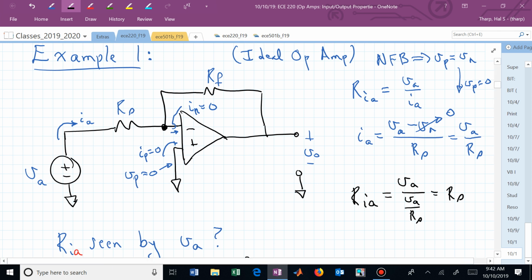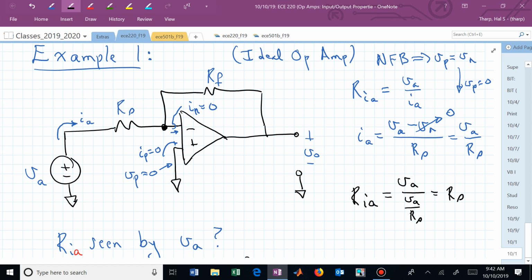That's right at the pins. We've now connected some external resistors around this op-amp, and in this case, our resistance seen by that source V sub A is in fact R sub S.